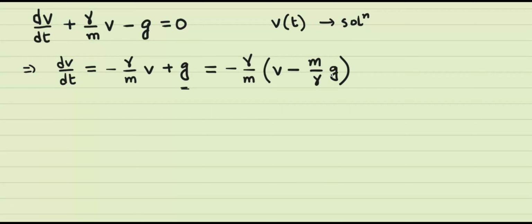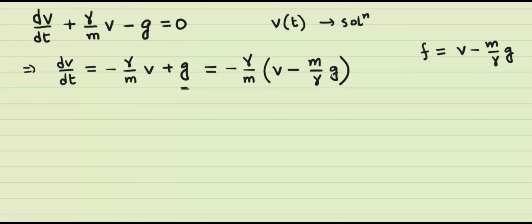So we're going to define a new variable. In other words, we're going to change the variable. So let me call it f, and f would be equal to v minus m divided by gamma into g.